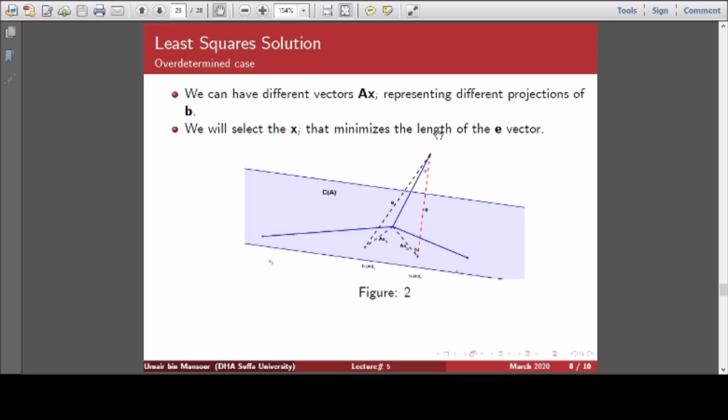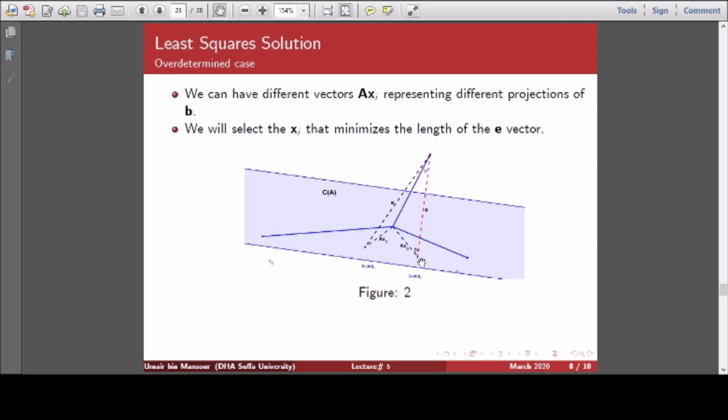If I move the torch here, I'll get a shadow here. If I move my torch here, I'll get a shadow here. So I can have multiple shadows, and those shadows are actually vectors that are in the column space of A. So I have to select a vector x, a random vector x that minimizes this e.